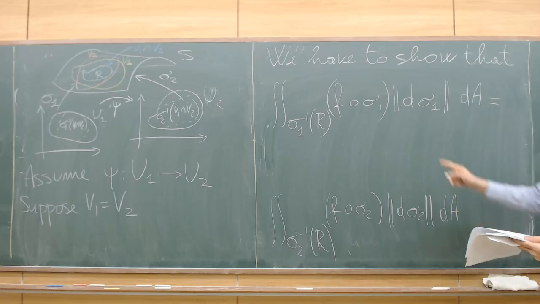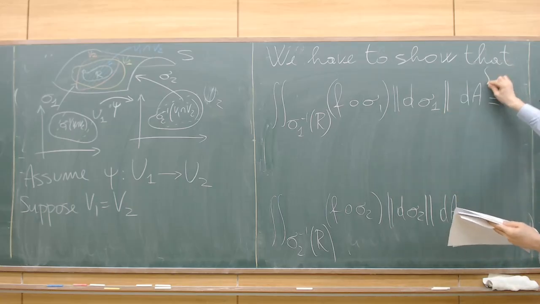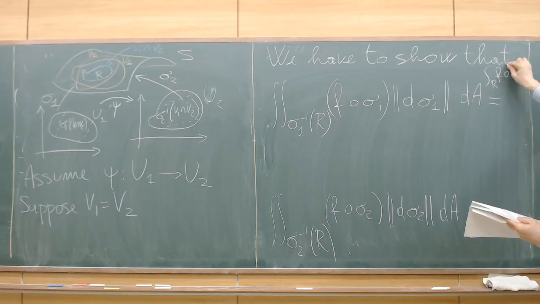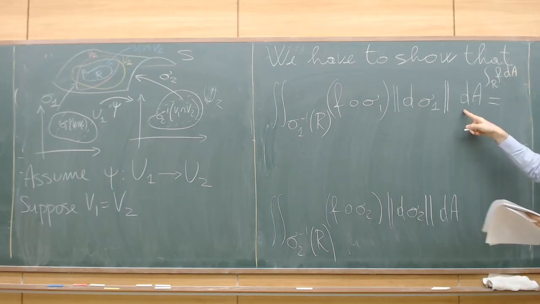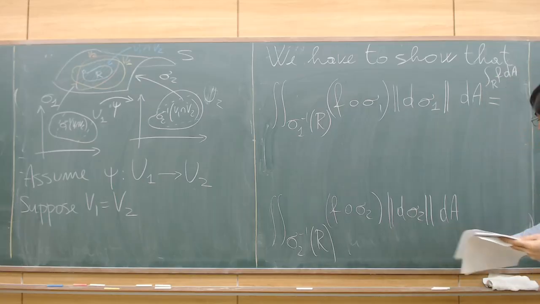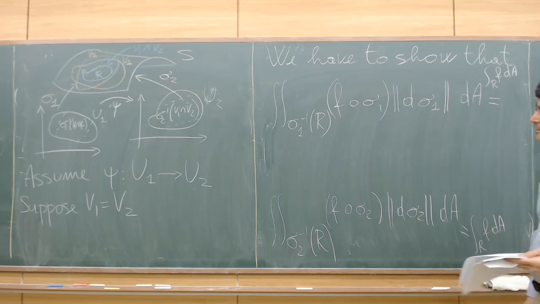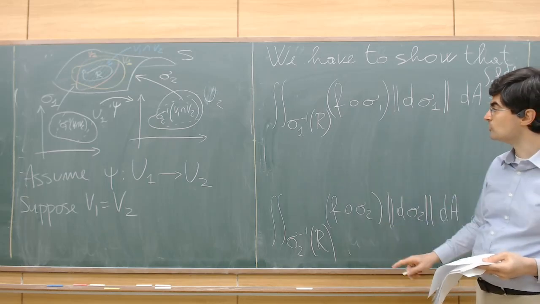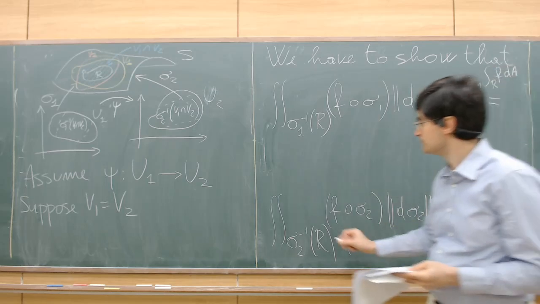Why? Because this is the integral over R of f dA computed using the surface patch sigma 1, and this is the integral over R of f dA computed using the surface patch sigma 2. We have to prove that they are equal.